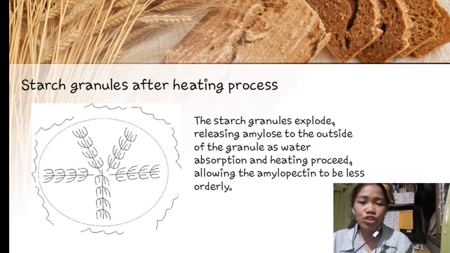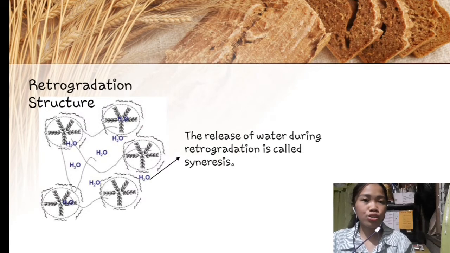As the starch is cooled, and if no stirring occurs, a gel is formed, and eventually retrogradation will occur. This is the structure of retrogradation. Anyone who has tried to store cornstarch, custard, or gravy in the fridge has observed the effect of retrogradation and gelation.